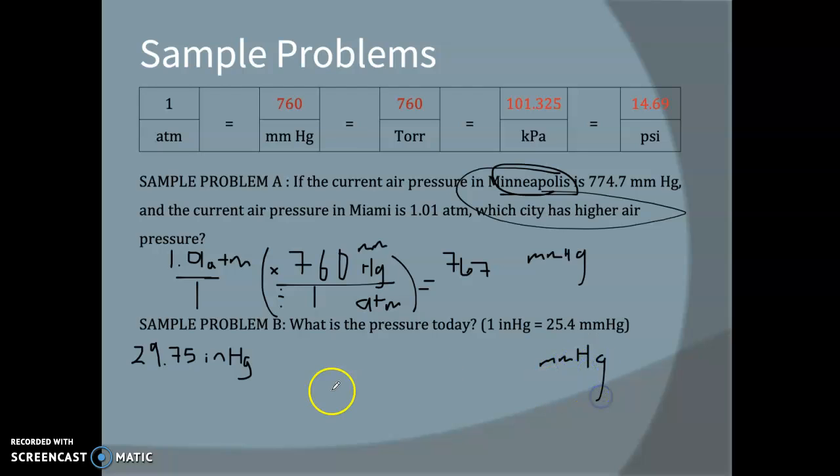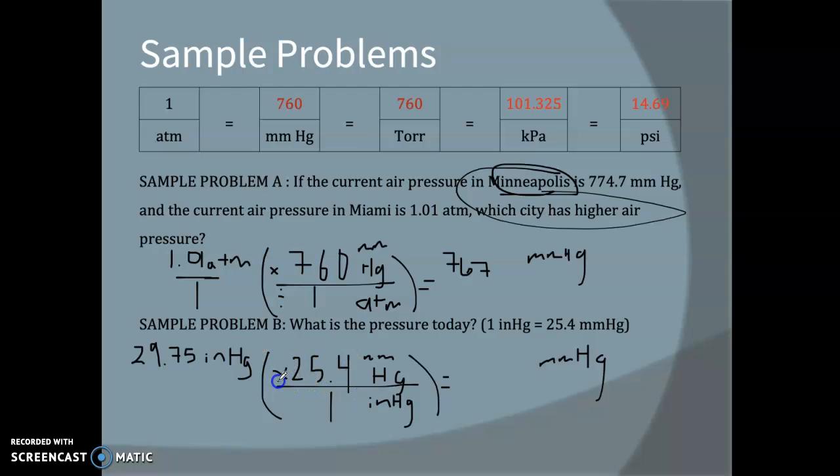So that means I have to do another conversion factor, and anytime I'm converting, the units that I want go on bottom, inches of mercury, and in this case millimeters are going to go on top, and in this conversion factor 1 inch is 25.4.